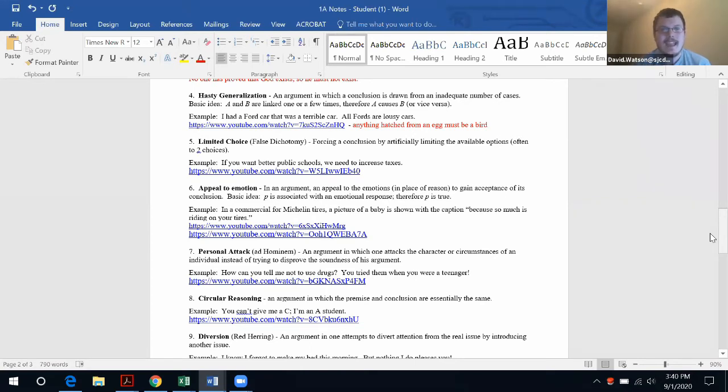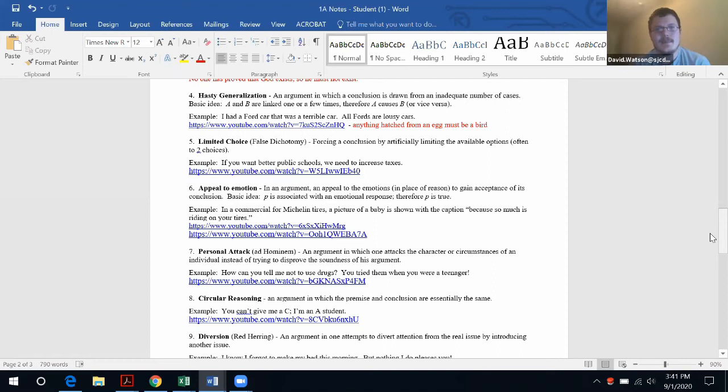So the basic idea is A and B are linked one or a few times, therefore A causes B or B causes A. So for example, if I had a Ford that was a terrible car and said all Fords are lousy cars, then that's a hasty generalization because I had one Ford that was terrible, and so I said all Fords are terrible. And then there's another YouTube link that's anything hatched from an egg must be a bird. It's The Simpsons.